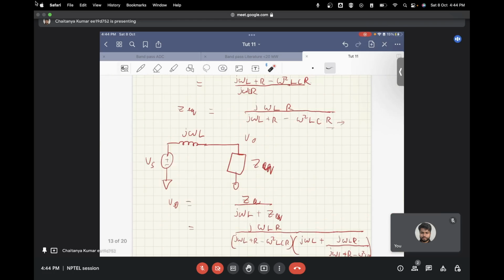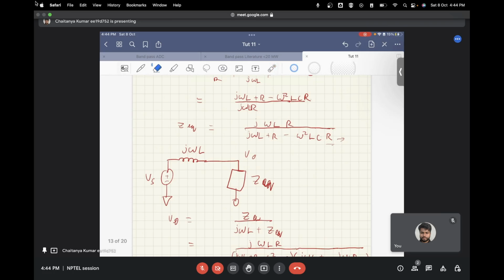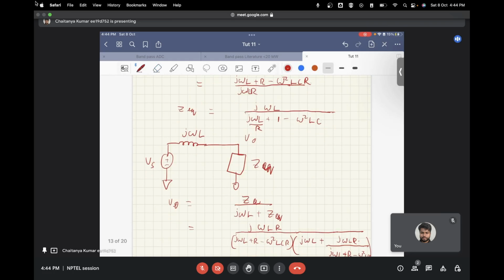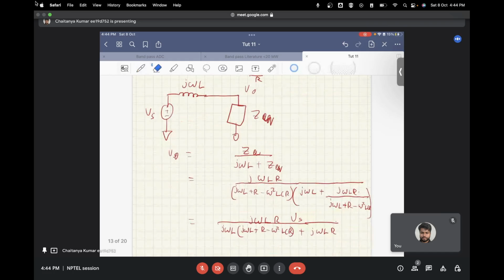Now you have Z equivalent. Let's write it in this form. So I have divided both numerator and denominator by the resistance. So I get this as the equivalent impedance.